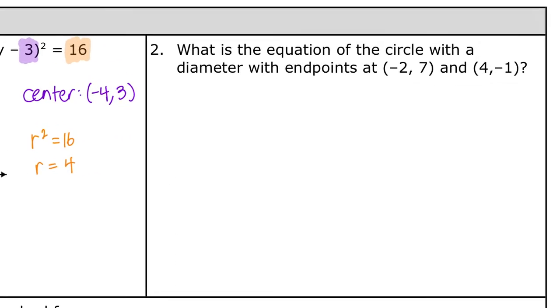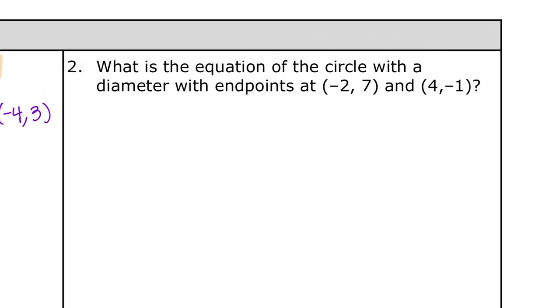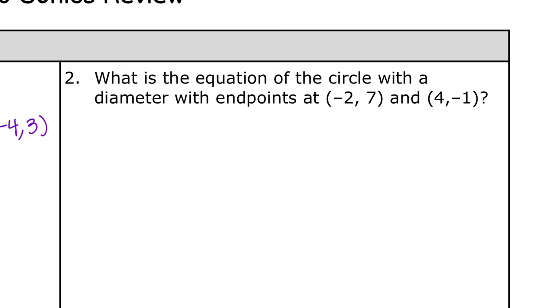The next one is now we need to be able to write the equation of a circle. So we're always going to use the one that was on the reference sheet there, (x − h)² + (y − k)² = r². So we need to find the center and the radius. Once we have those two things, then we could just plug it into the formula.